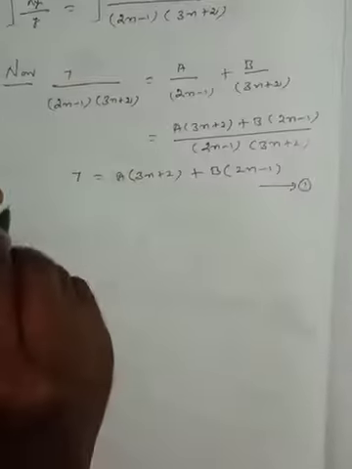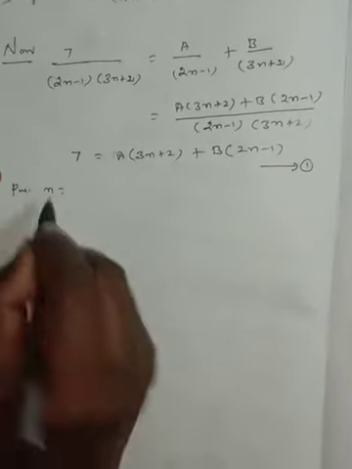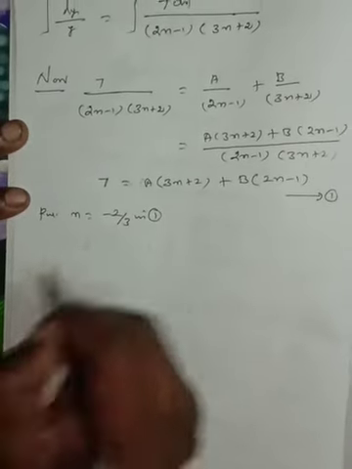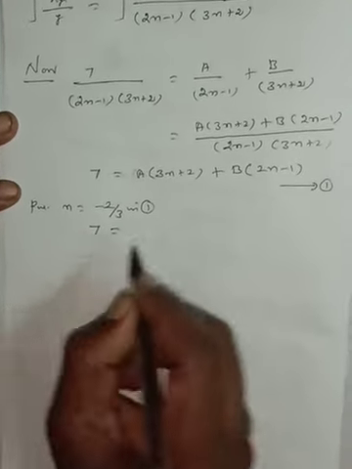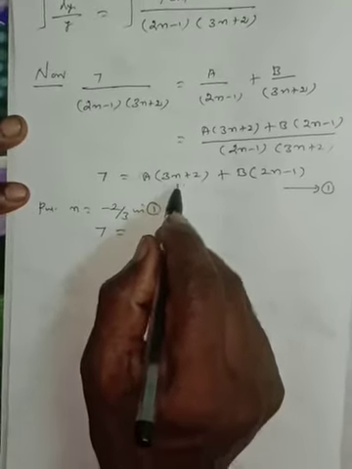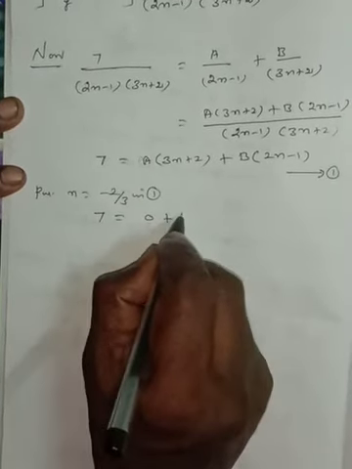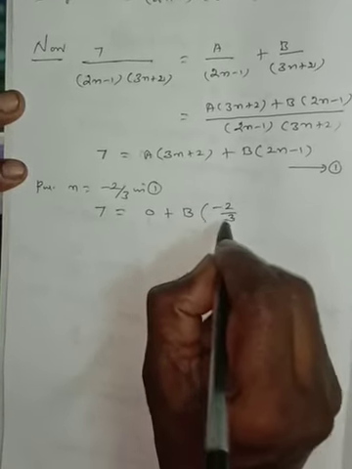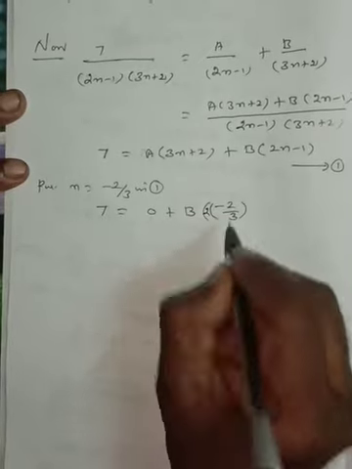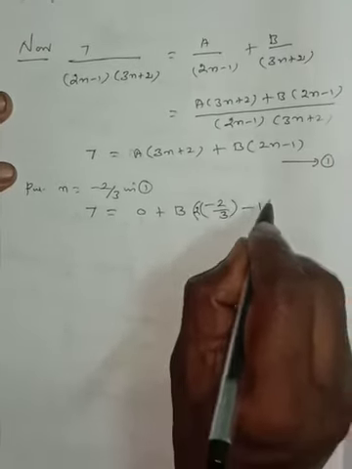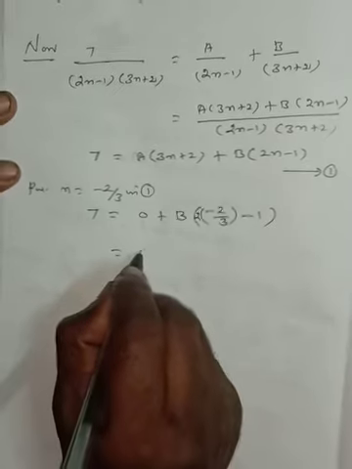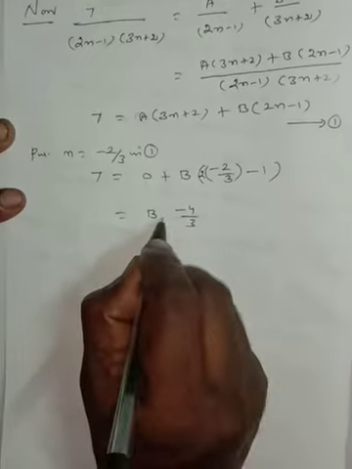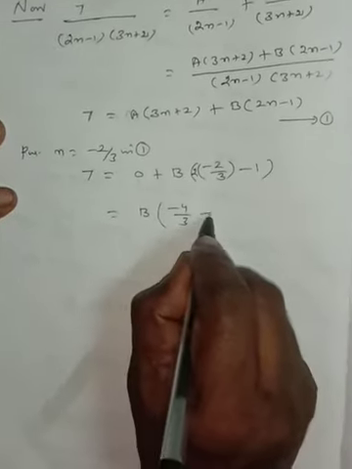Put x is equal to minus 2 by 3 in equation 1. 7 is equal to 0 plus b into (2 into minus 2 by 3 minus 1), which is b into (minus 4 by 3 minus 1).